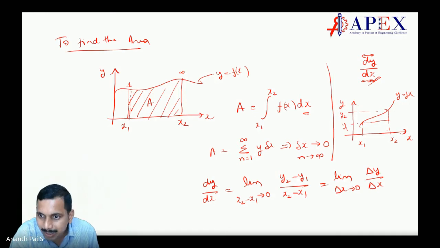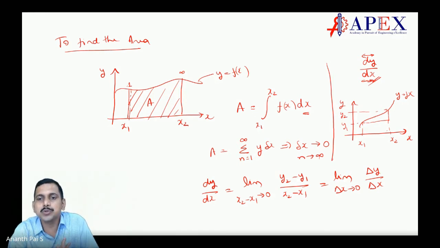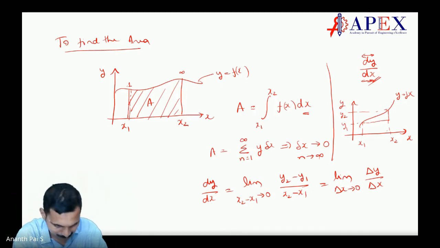That means you are coming to a point, and then you say what is dy by dx. So dy by dx at a particular point is what we define, and it is y2 minus y1 divided by x2 minus x1. Very important to remember. Write this down, students. Next we will go with limits.